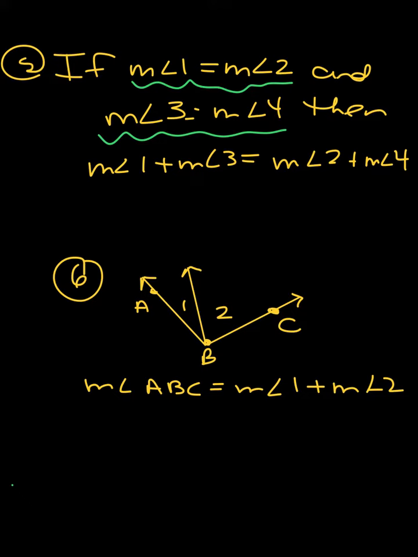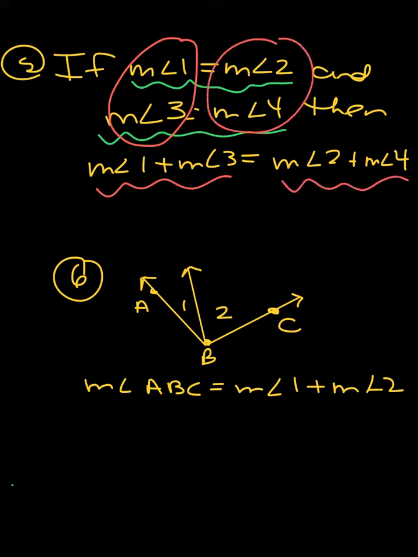Now, because we have two statements that are equal, I can add one part from each side and get the measure of angle 1 plus the measure of angle 3 is equal to the measure of angle 2 plus the measure of angle 4. I'm keeping my equations balanced, and what I just did there is I added the parts together. So I have addition property of equality.